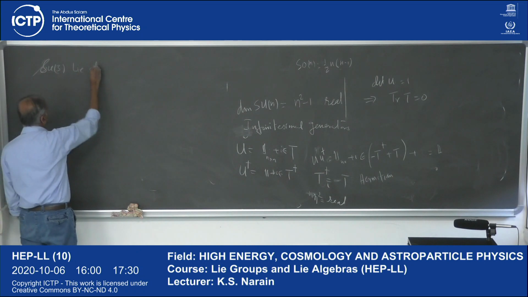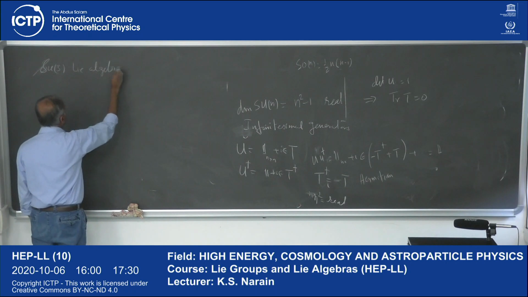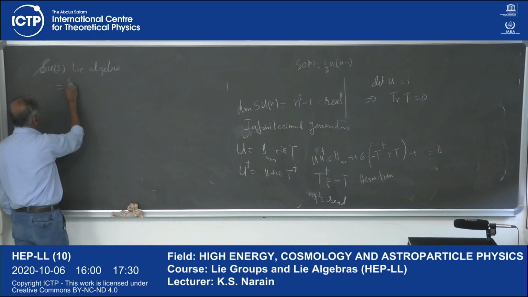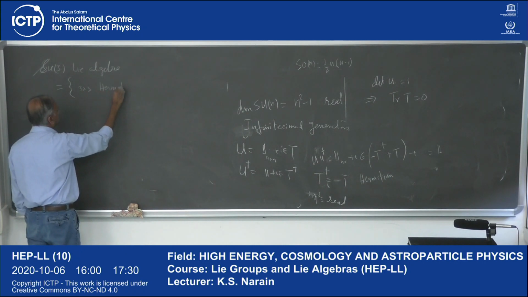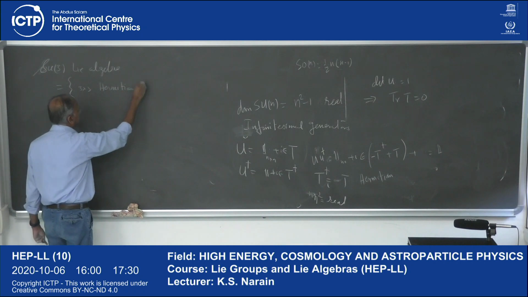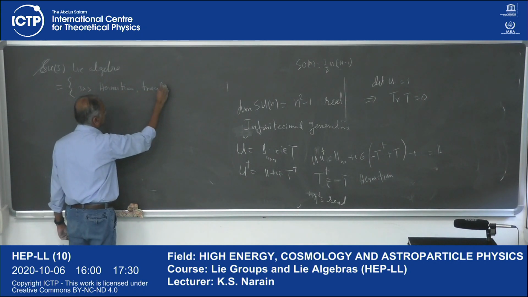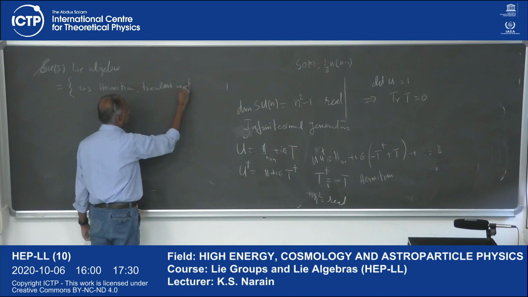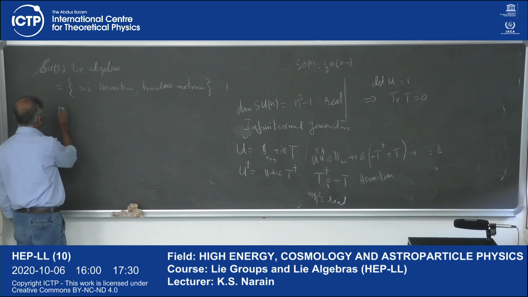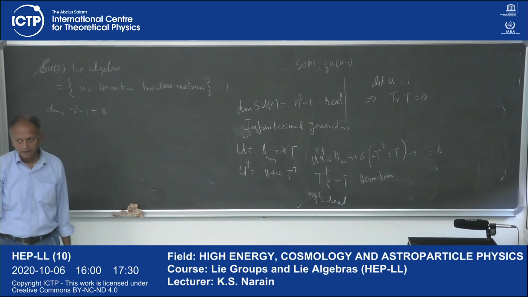It is the set of 3 cross 3 Hermitian traceless matrices. The dimension of this, we saw, is 3 squared minus 1, which is 8 dimensions.